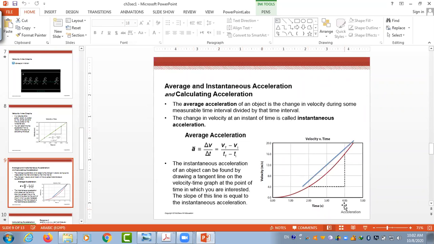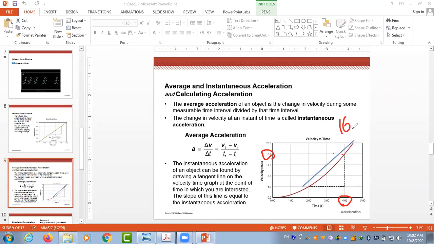But when I ask you what is the acceleration at 4, now I give you an instant. I give you a direct number. So you don't have to calculate two points and find the difference. If I told you when it was 4 seconds, what was the acceleration, you just go to 4, and here we have 16.